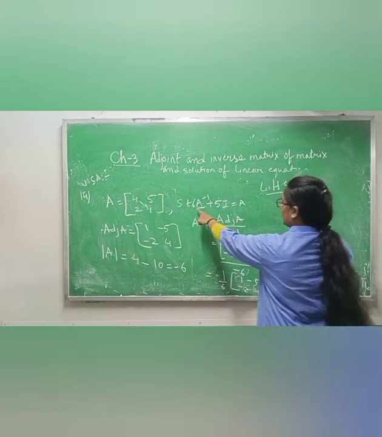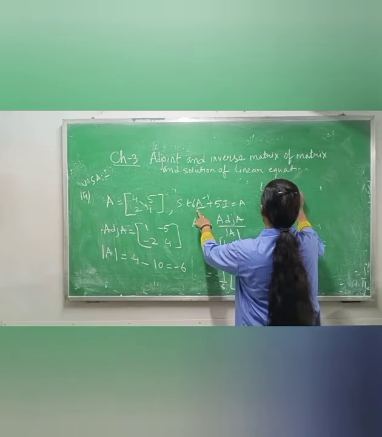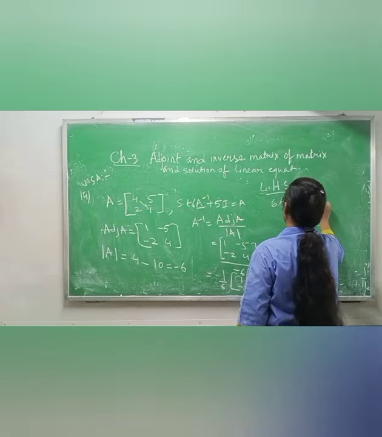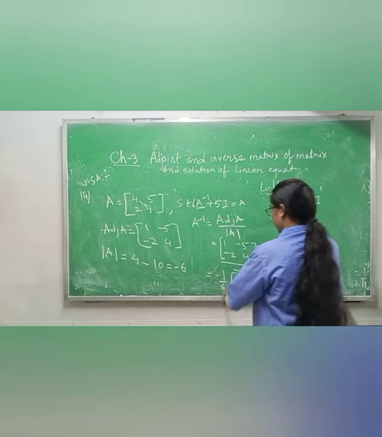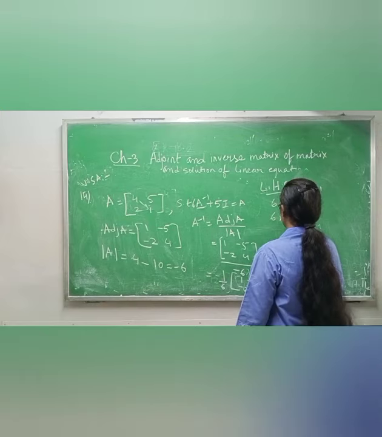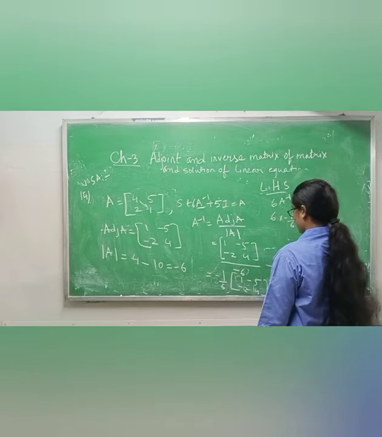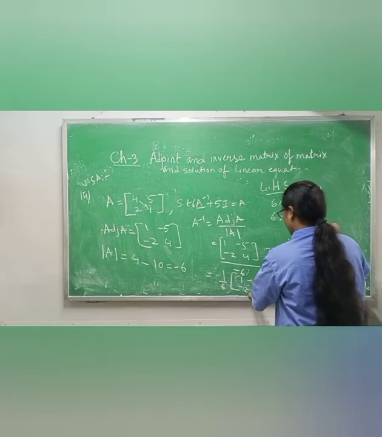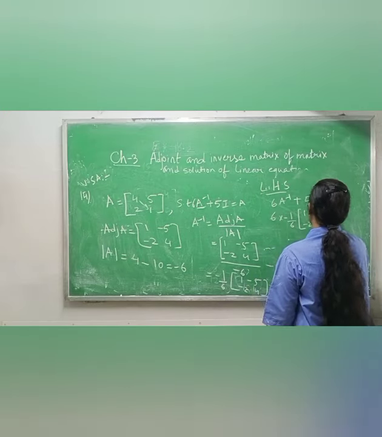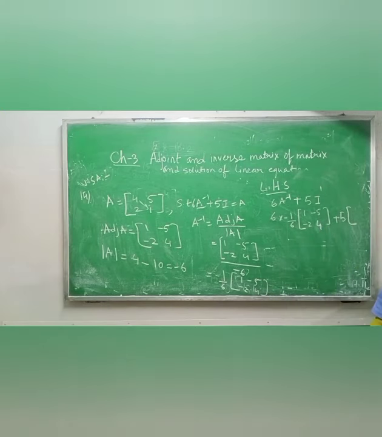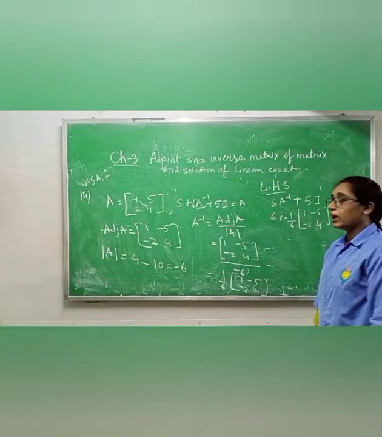Okay, in the left hand side what you have, 6A inverse plus 5I. For 6 you will write the A inverse value. Can you see this? This is the value, 1 minus 5 minus 2, then you have 4, plus 5. I means identity matrix of order 2 into 2. Why 2 into 2?